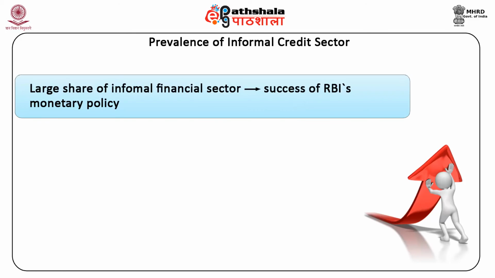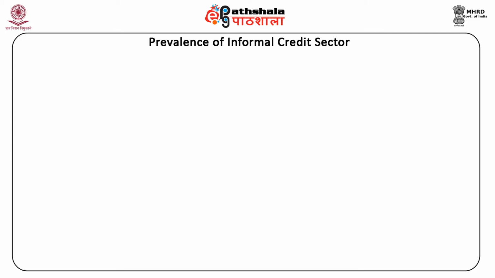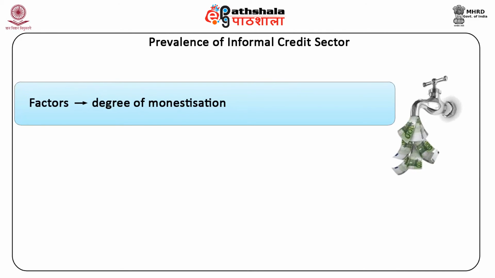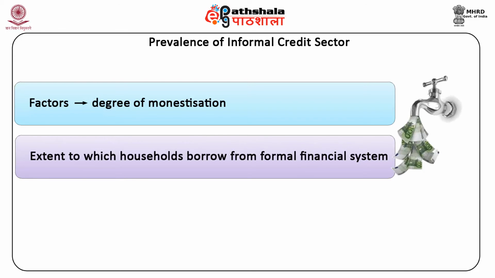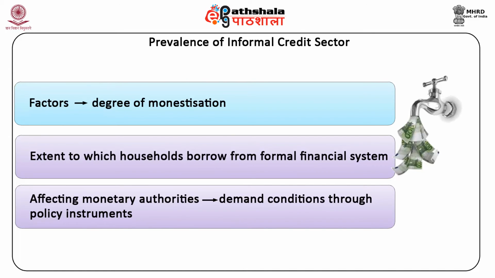Given the large share of informal financial sector, the success of RBI's monetary policy in influencing the output through interest rate channel seems bleak. So, there exist a number of factors such as the degree of monetization of the economy, the extent to which households borrow from the formal financial system, which affect the monetary authority's ability to influence demand conditions through its policy instruments.